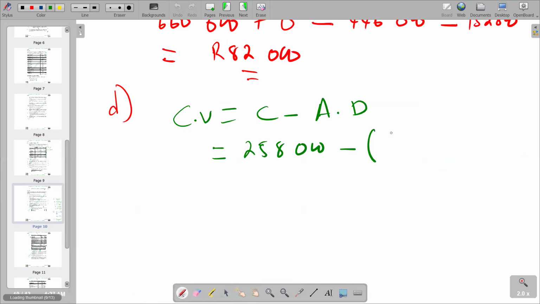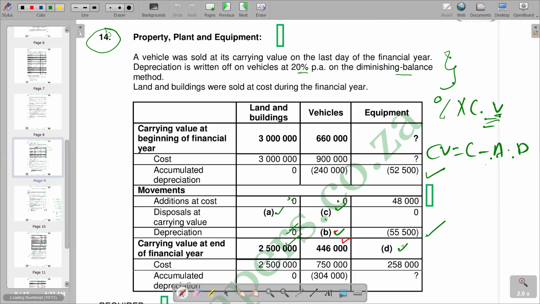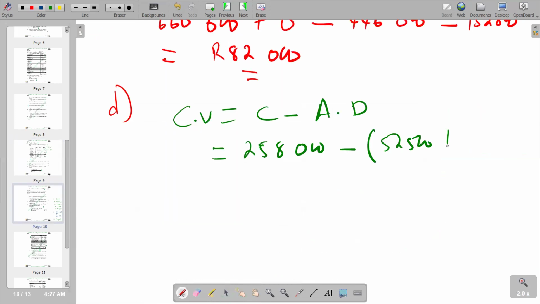So you can say 52,500 plus 55,500. So it remains 258,000 minus, we add our 52,500, and then we add 55,000, and then we get 107,500.